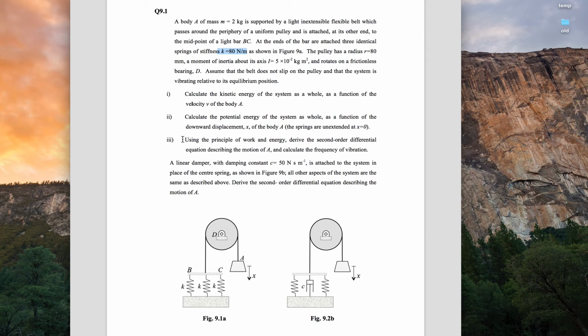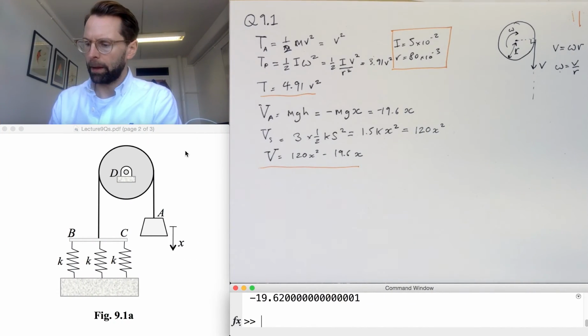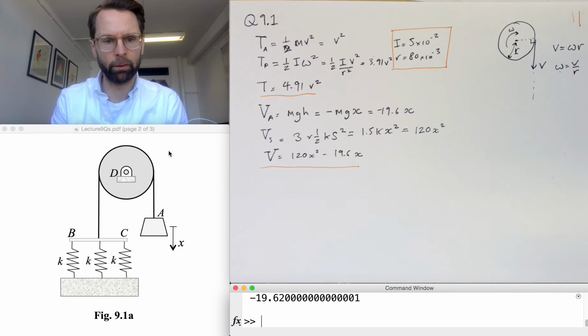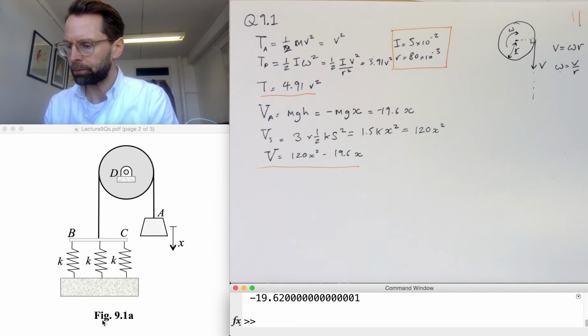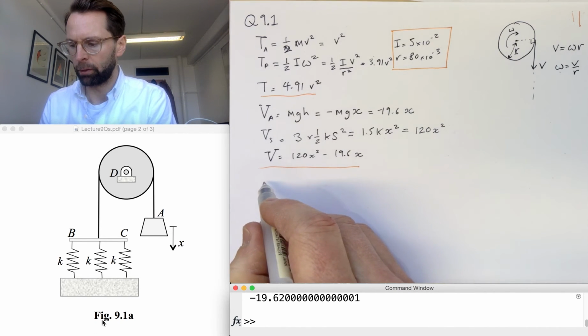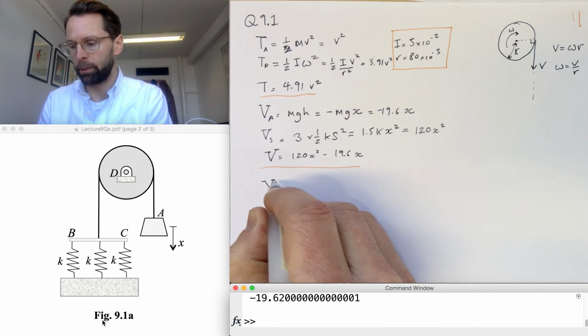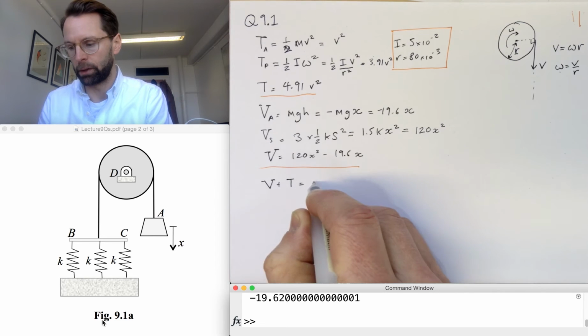So part 3 says, now using the principle of work and energy, derive the second order differential equation. So we'll do that, and because there are no non-conservative forces, these are just conservative forces in this system here, we can use our expression for principle of work and energy as the potential energy plus the kinetic energy is a constant.